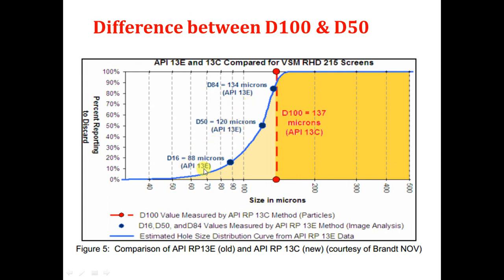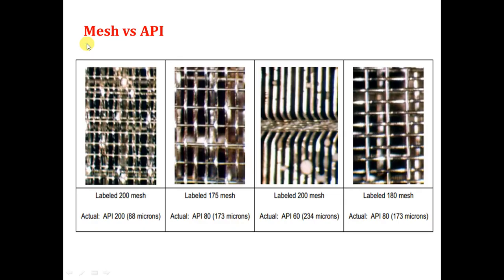We were using too much data in order to be sure that this is the right label for the screen. But now the only one used is the D100, and if you look at the labeling of the screen, you will notice it is just the D100 in microns. So it is not a big problem.